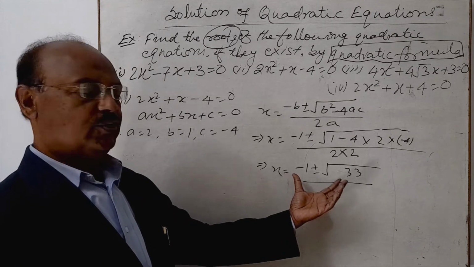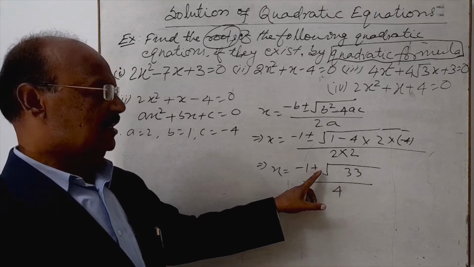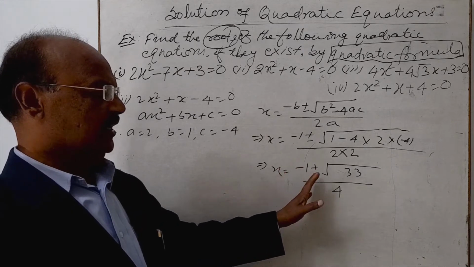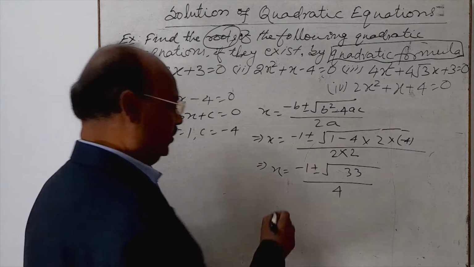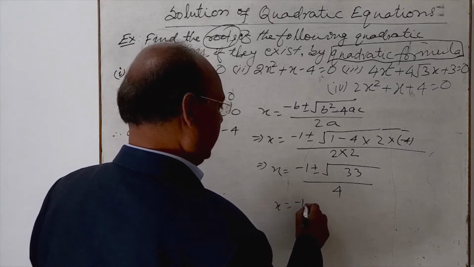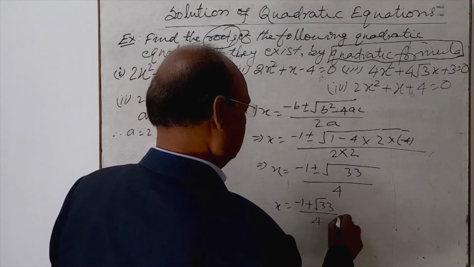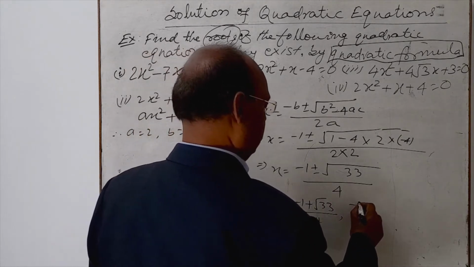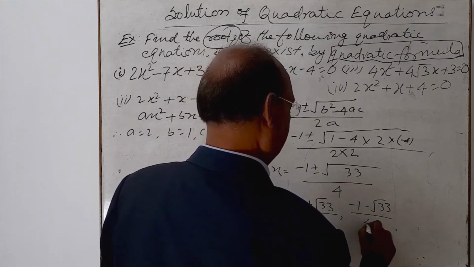So here we will get two values of x. One value of x when we take this plus sign, and another value of x when we put this negative sign. So x is equal to minus 1 plus root 33 by 4 or minus 1 minus root 33 by 4.